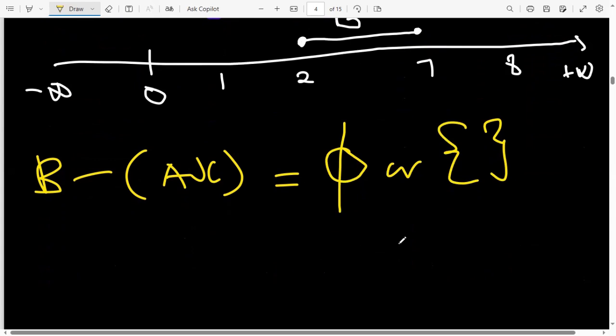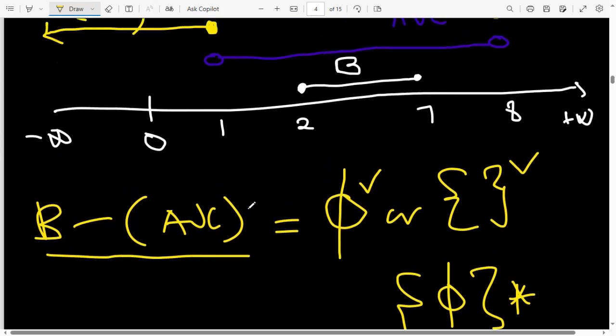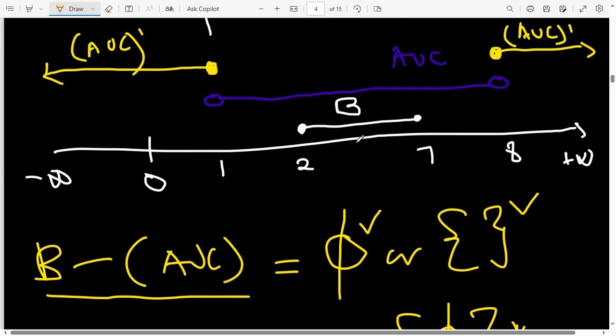Writing the brackets with something inside is not an empty set, and they will mark you wrong. So you either use this or this. When we simplify it, it's just an empty set, because they are not overlapping. Any questions there, guys?